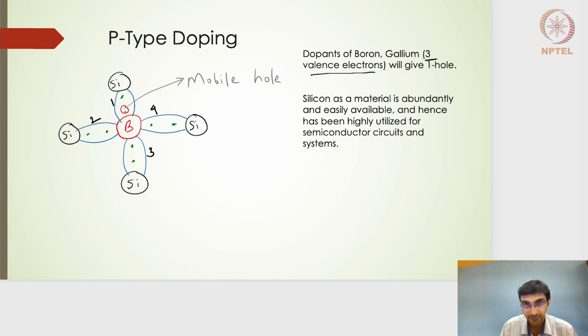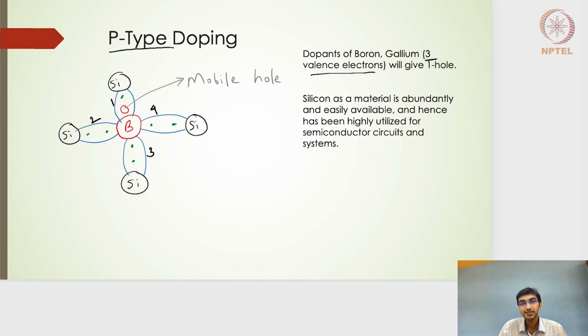We call it a mobile hole in the sense that whenever we apply a bias, this hole moves towards the negative potential. That's why it is called a mobile hole. This is called p-type doping, the positive dopant.